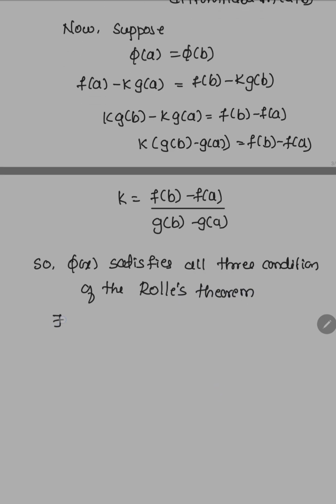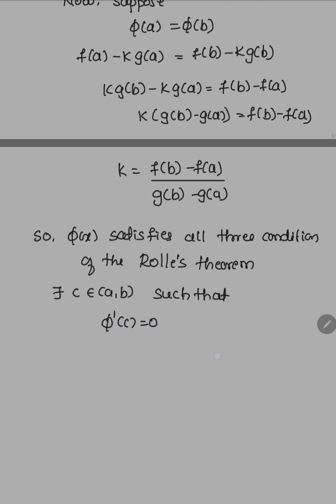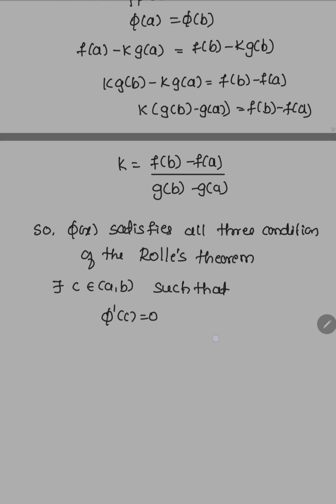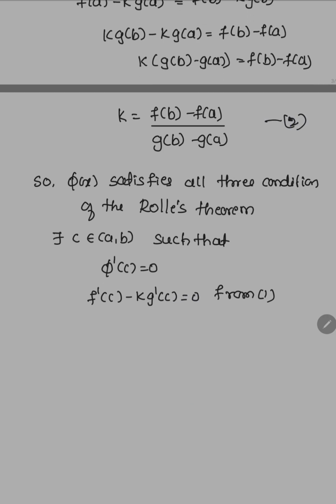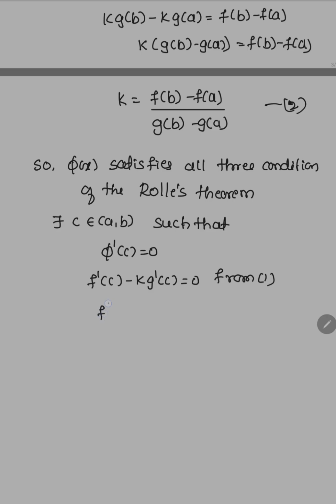Hence there exists one value c belonging to a comma b such that phi dash of c equals 0. So that implies from 1, f dash of c minus k into g dash of c equals 0. Take it as 2. So f dash of c equals k into g dash of c.